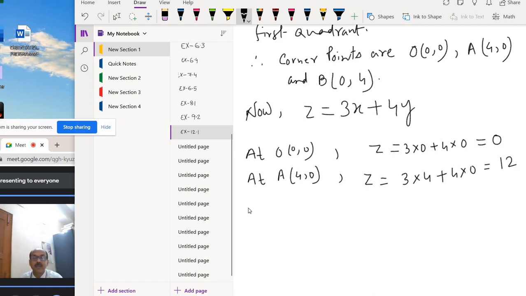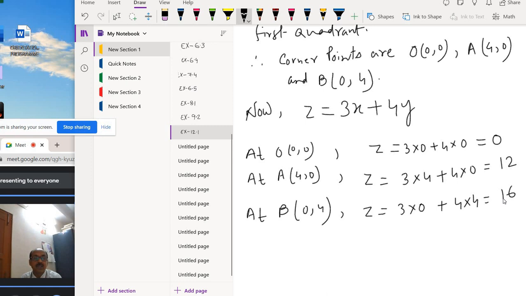Then at B (0, 4), x equal to 0, y equal to 4, z equals 3 into 0 plus 4 into 4, which is 16.